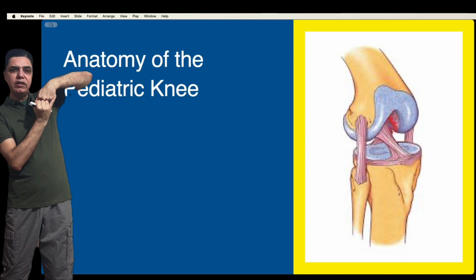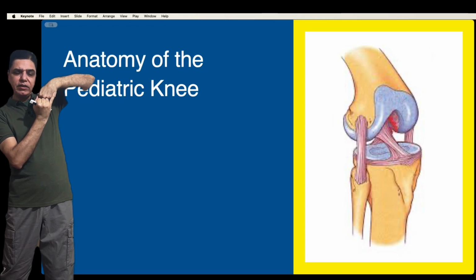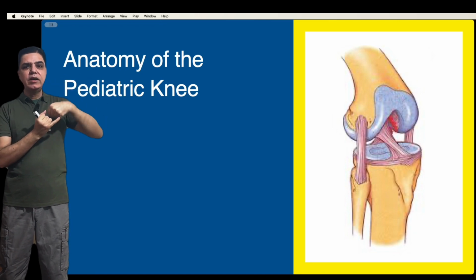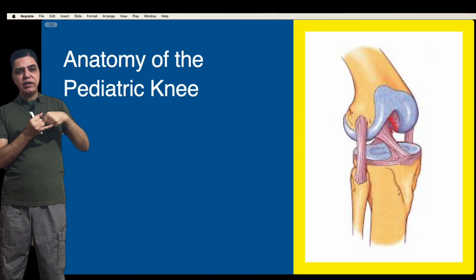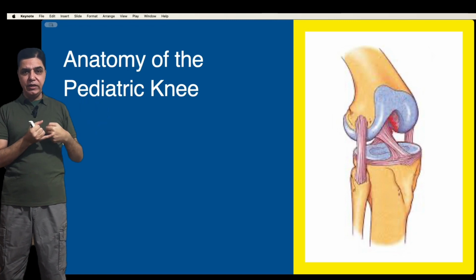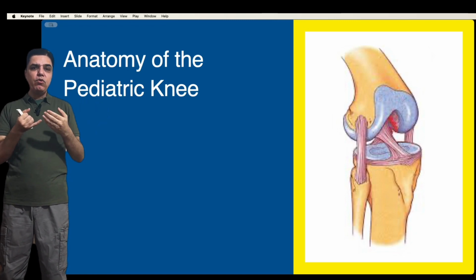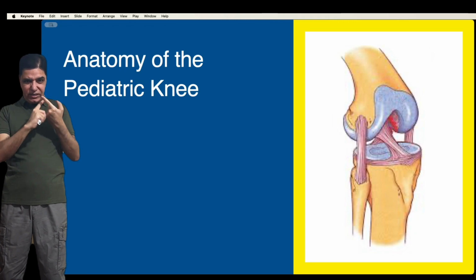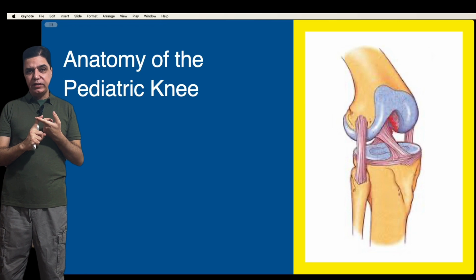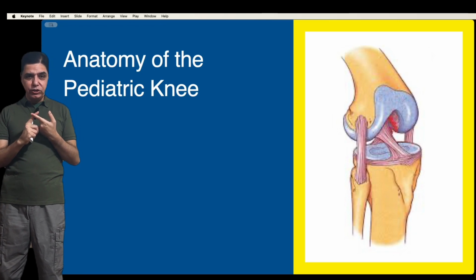On the medial side you've got the medial collateral ligament that attaches the medial part of the femur with the medial part of the tibia, and then we have the lateral collateral ligament which attaches the lateral part of the femur with the lateral part of the fibula. Then we have crisscrossing ligaments inside the knee joint, known as the anterior and the posterior cruciate ligaments, and they are very important for stability of the knee joint.